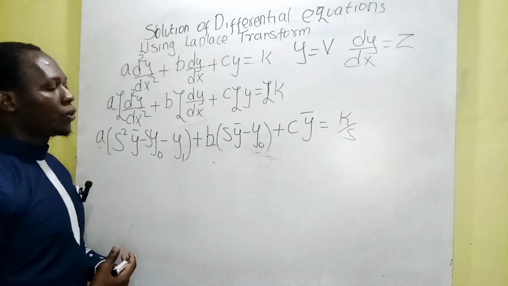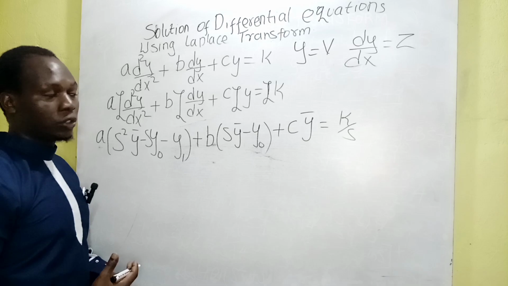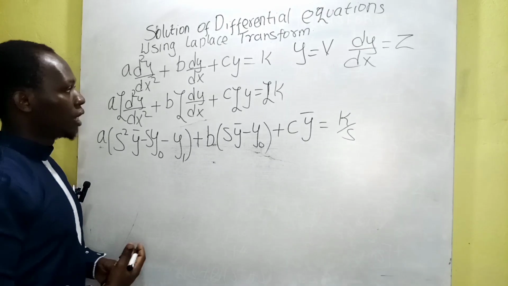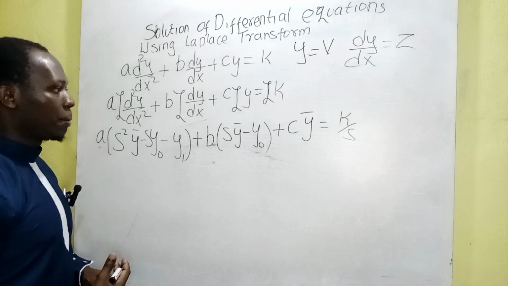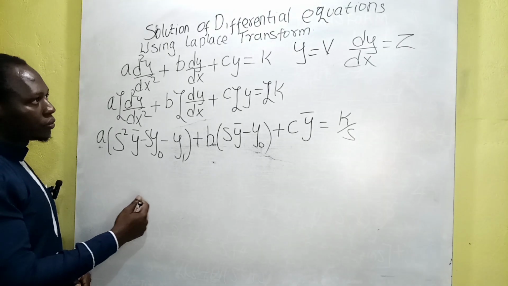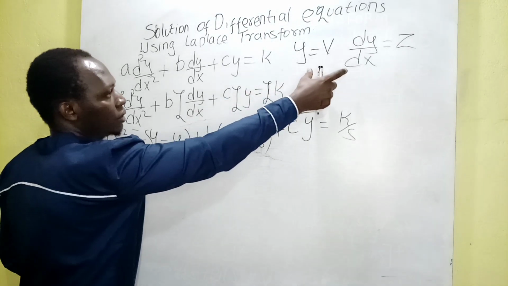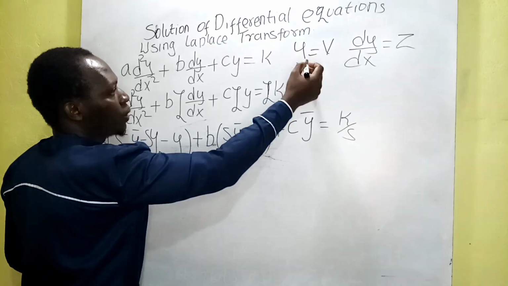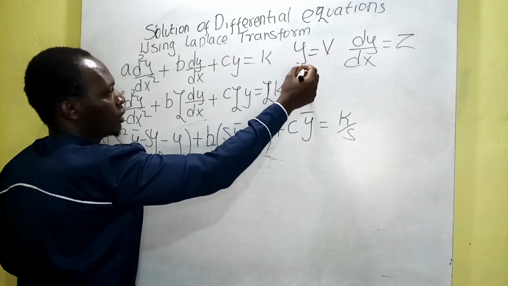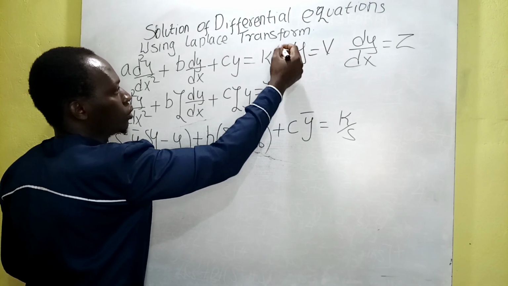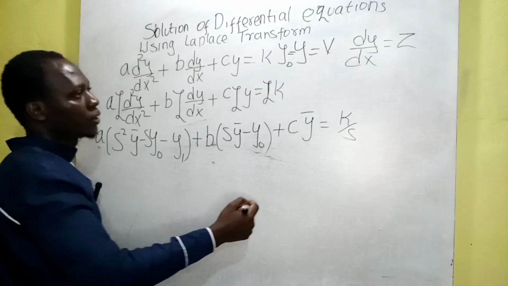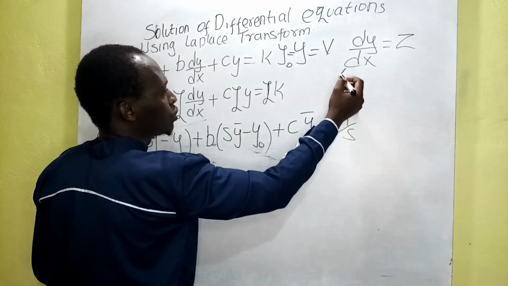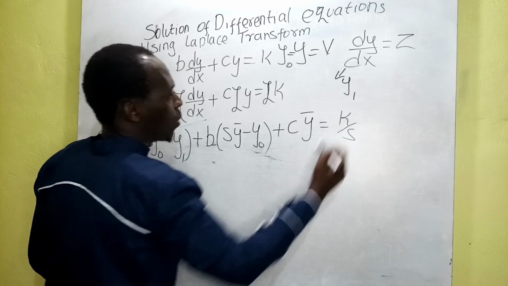I'm just showing you how you can go about the introduction of ordinary differential equations using the Laplace transform. So when you have these terms this way, you need to understand that y will always be equal to y naught, and dy with respect to dx will always be equal to y1.